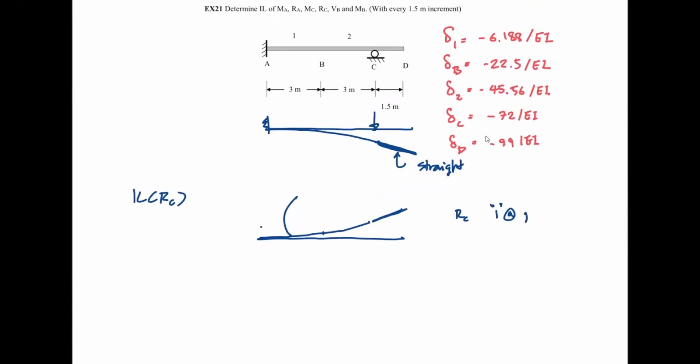So that's going to be everything divided by the displacement at C, right? So that is 6.188 over 72, right? That is roughly 0.086. When the load is at point B, the RC is equal to 22.5 divided by 72.